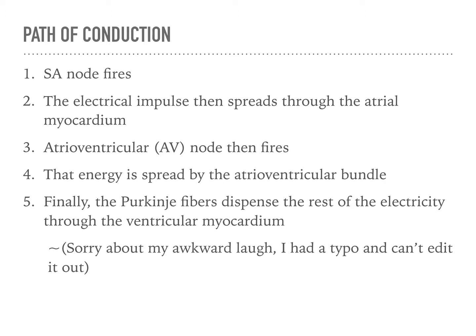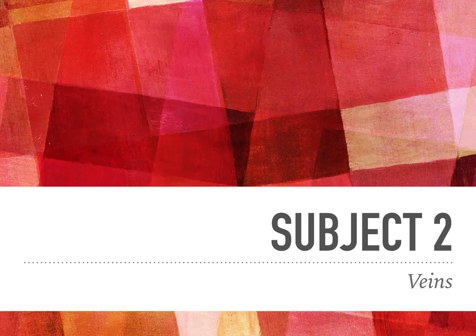So then the energy is spread by the atrioventricular bundle. This is also known as the bundle of His. Finally, the Purkinje fibers dispense the rest of the electricity through the ventricular myocardium. And this whole system is how the blood moves through the heart.